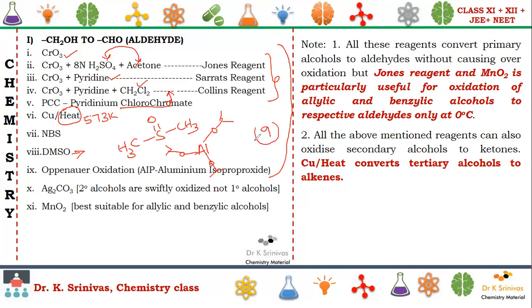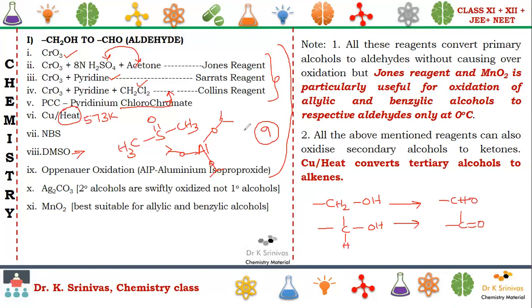So up to here means a total of 9 reagents. These 9 reagents are very suitable for converting the primary alcohol, which I am writing here on the right-hand side, into the corresponding aldehyde. If you take a secondary alcohol like this, it is converted into the corresponding ketone.